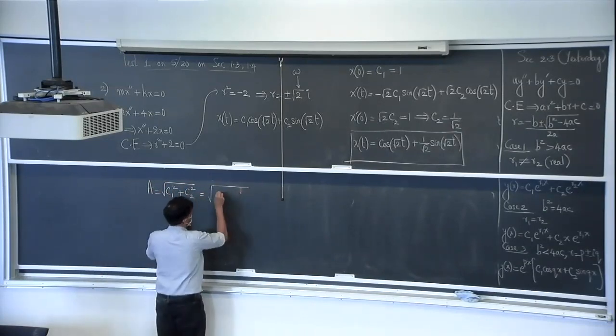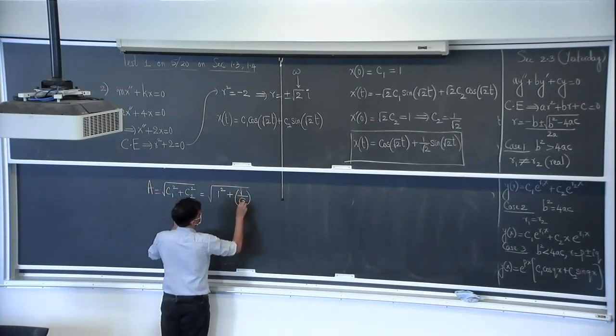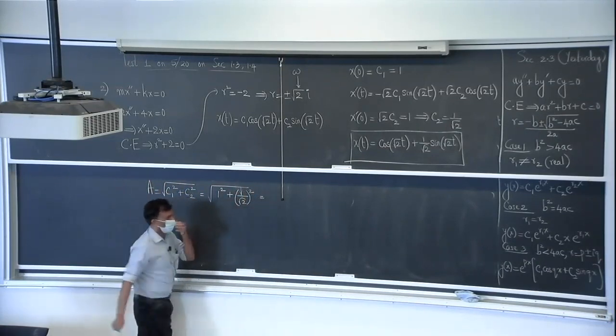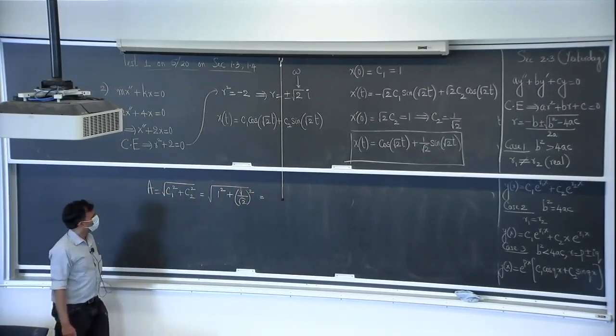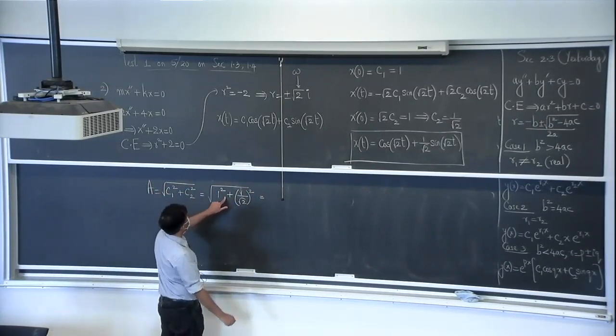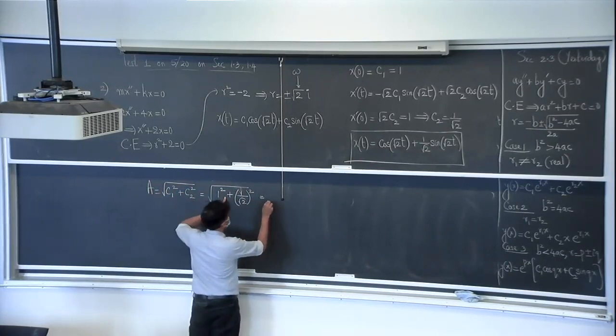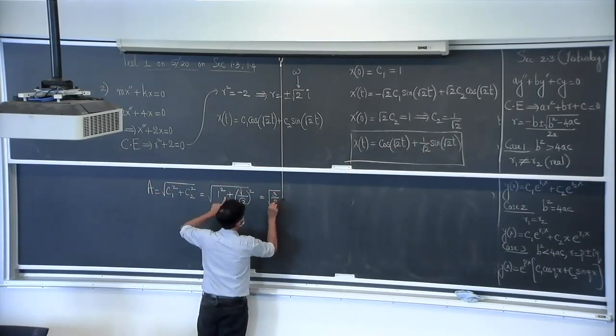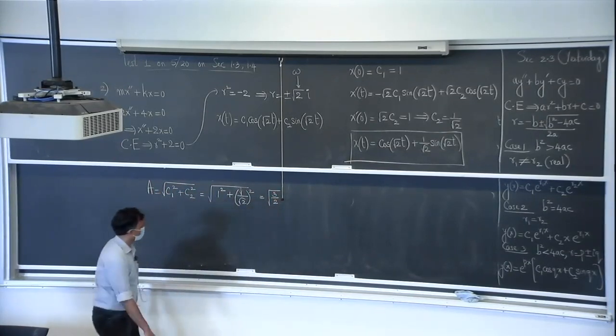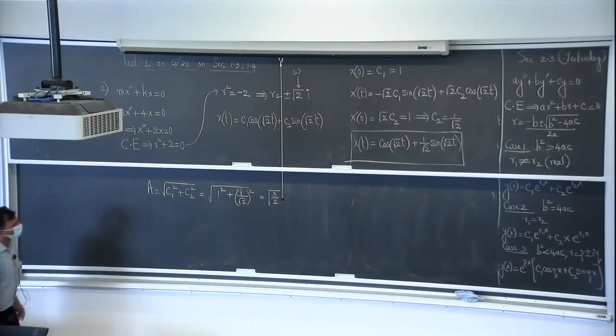That's the square root of 1 square plus 1 over root 2 square. That's going to be the square root of 3/2, right? Not particularly interested in what that is equal to in decimals, so just write the square root of 3/2, that's fine, the square root of 1.5.